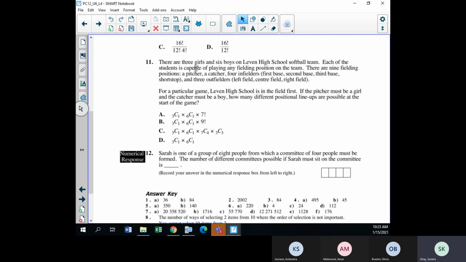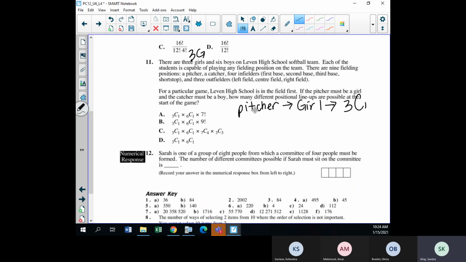So for the pitcher, let's write down pitcher. They want the pitcher to be a girl. There's only one pitcher position in baseball, and there were 3 girls. So out of the 3 girls, we're choosing one of them.